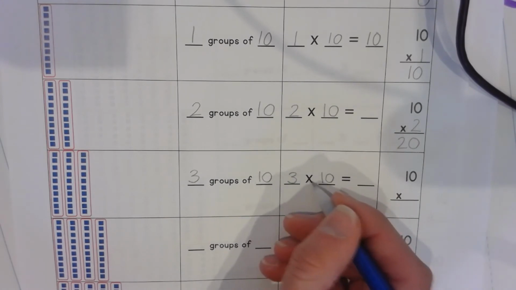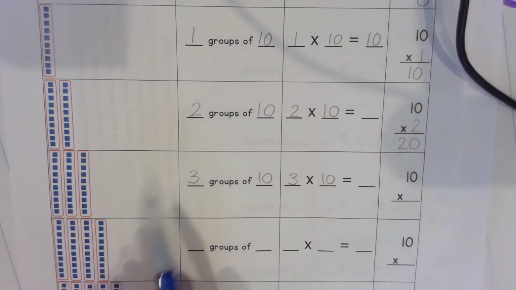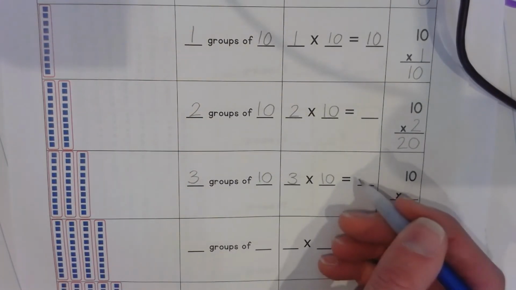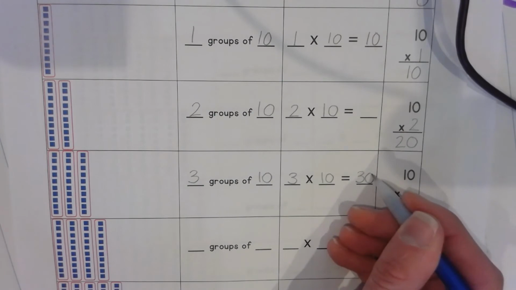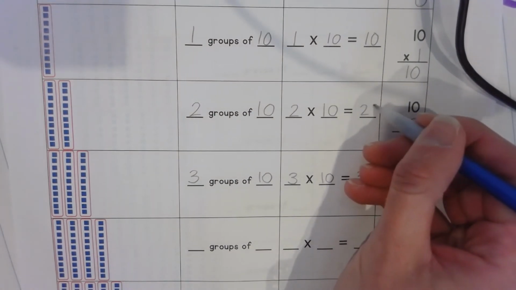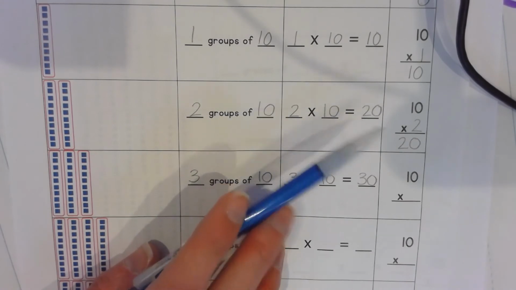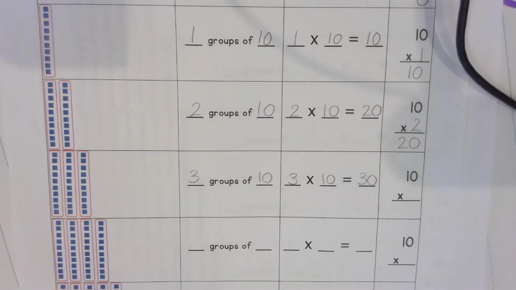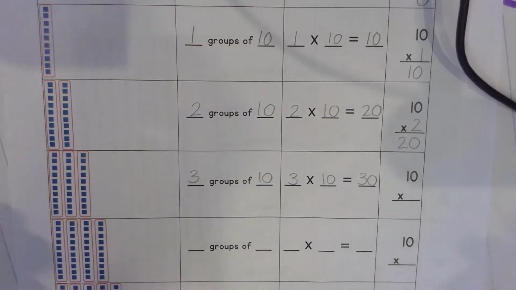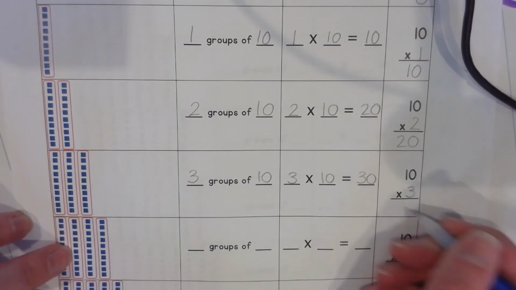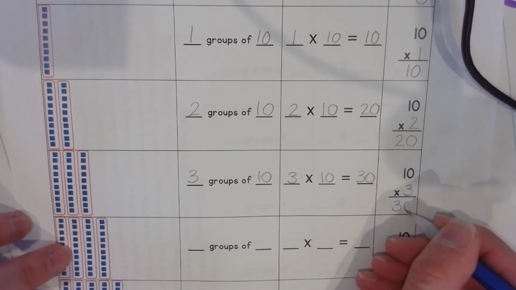Now we have to count by 10s 3 times. 10, 20, 30. Oh dear, I forgot to write my 20 up here. Sorry. If this was in class, you'd be raising your hand saying, Mrs. Sandler, you forgot to write the answer there. Now, 10 3 times equals 30.